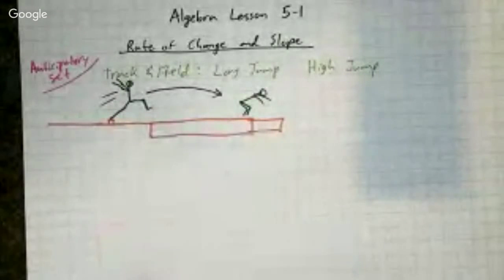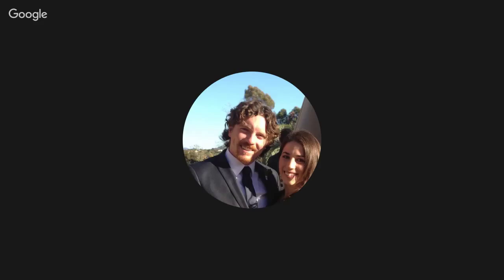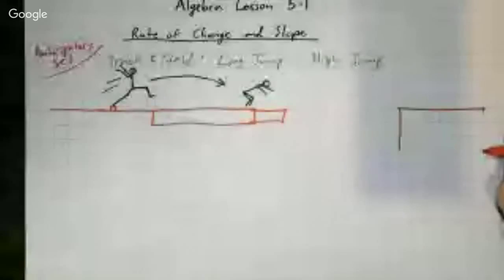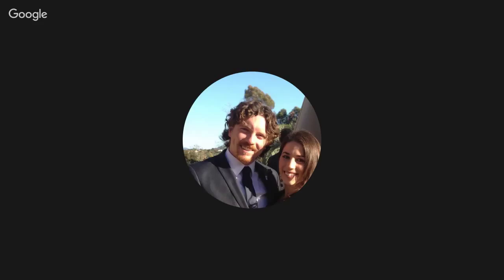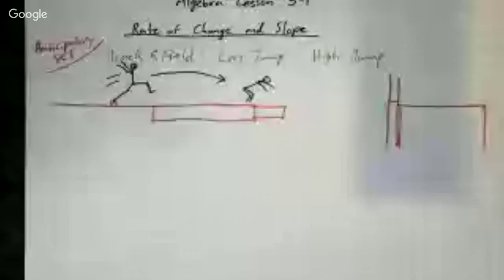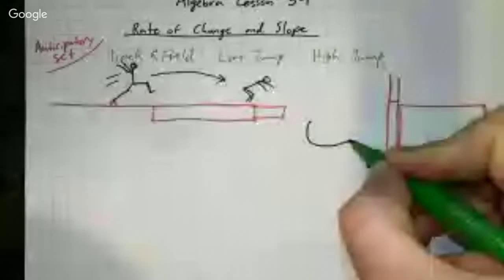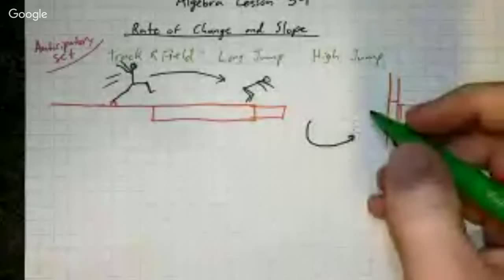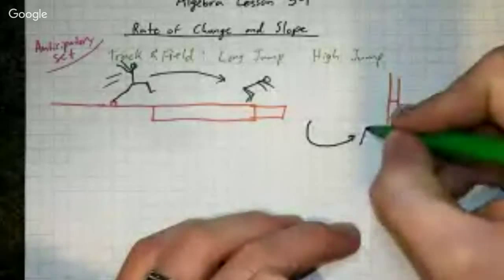Now, with the high jump, it is completely different. You need to run sort of in a circle. And when you get to this point, you jump, but you jump at a weird angle.